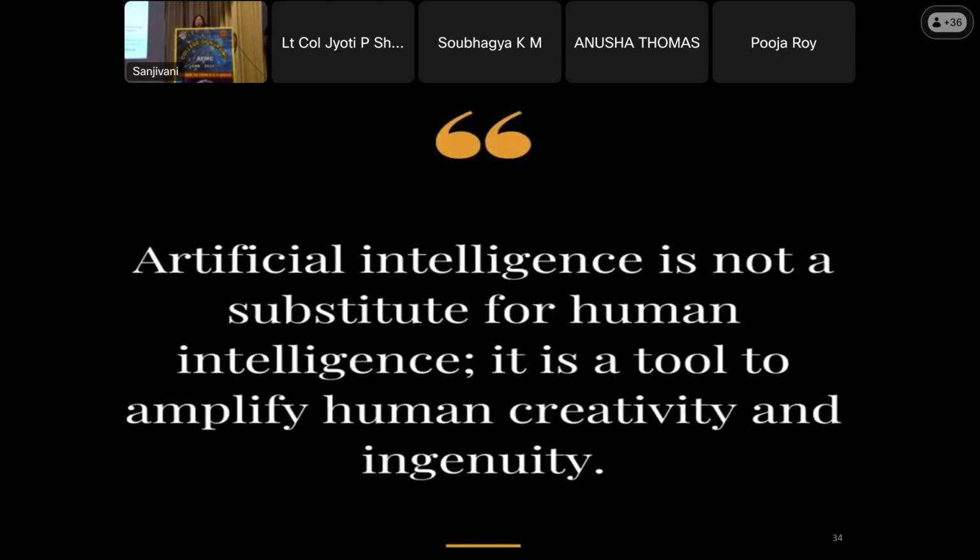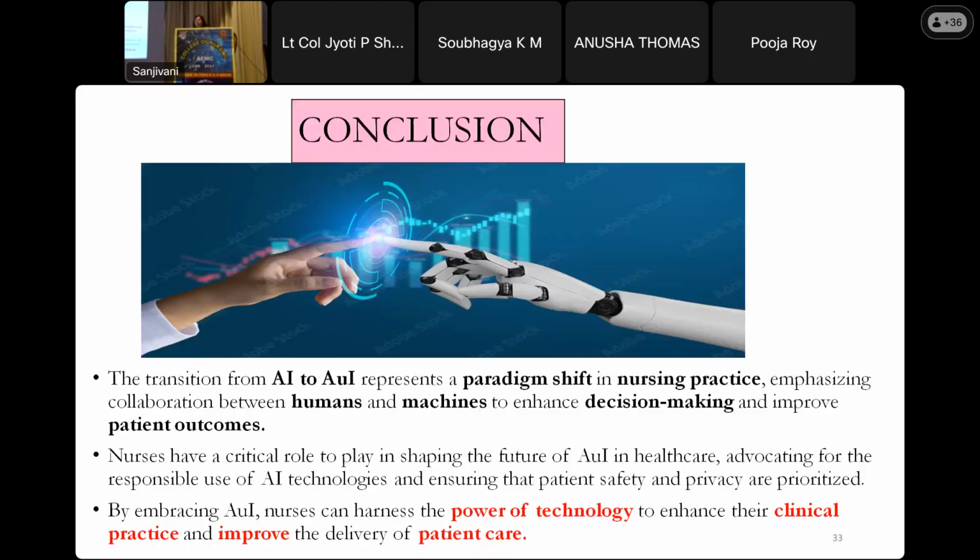And lastly, to conclude, the transition from artificial intelligence to augmented intelligence represents a paradigm shift in nursing practice that emphasizes collaboration between human and machine, whereby they enhance decision making and ultimately improve patient outcomes.